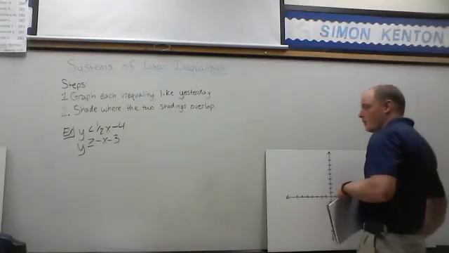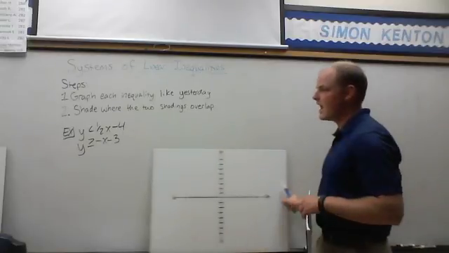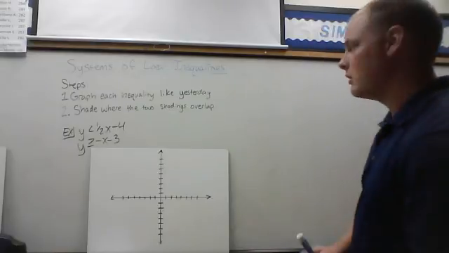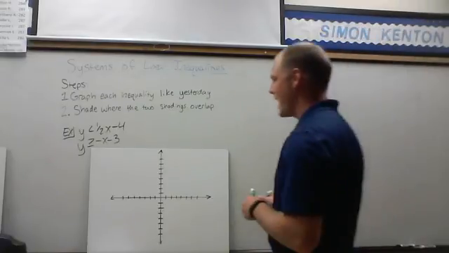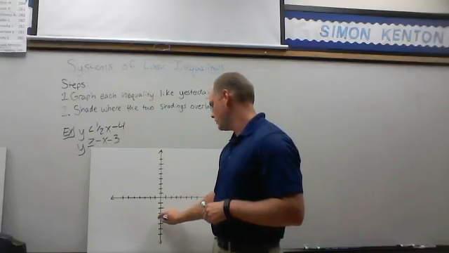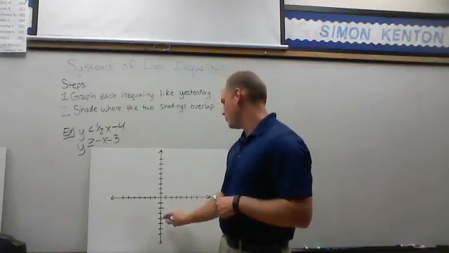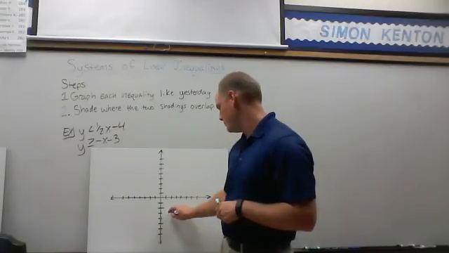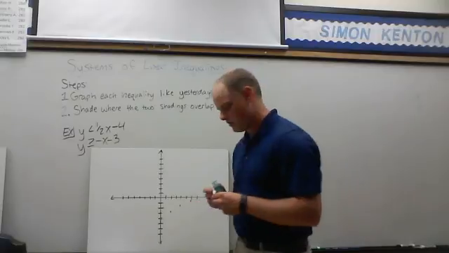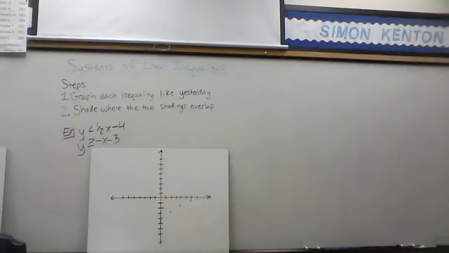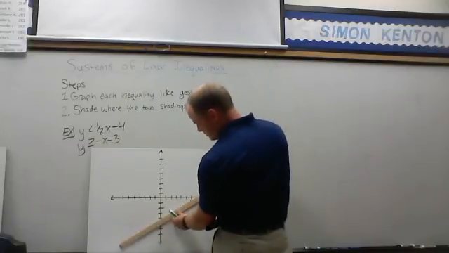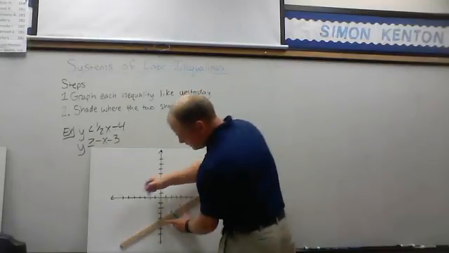So here we go. For the first one, y equals 1/2 x minus 4. So I'm going to start off at negative 4 on the y-axis, so down right here. My slope is up 1 and over 2. Okay, and hopefully yours looks a little bit better, especially if you're using graph paper like you should. So it should look like that.